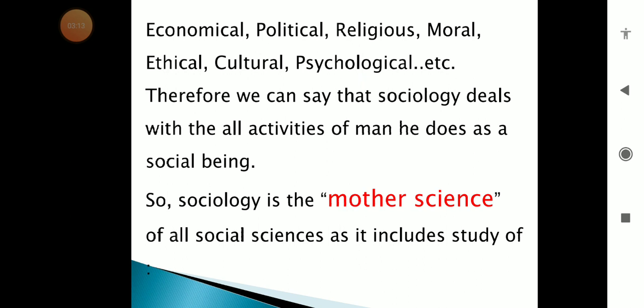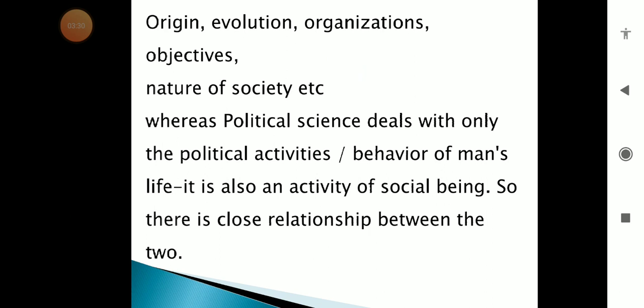Therefore we can say that sociology deals with all activities of man, which he does as a social being. So, as sociology deals with all activities of man, we can call sociology the mother science of all social sciences, because it includes all the activities of man. It includes the study of origin and evolution, organizations and objectives, and nature of society, which contains everything, right? Whereas political science deals with only the political activities or behavior of man's life.